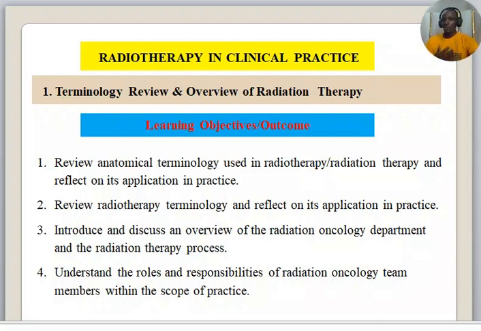I'll also introduce and discuss an overview of radiation oncology departments in the radiation therapy process. And lastly, make you understand the roles and responsibilities of radiation oncology team members with the scope of practice.